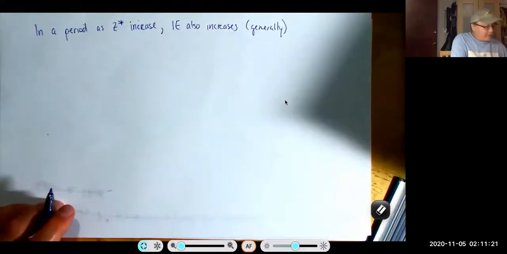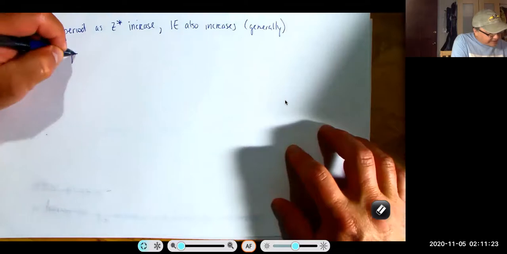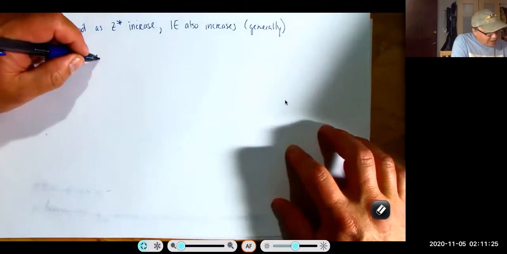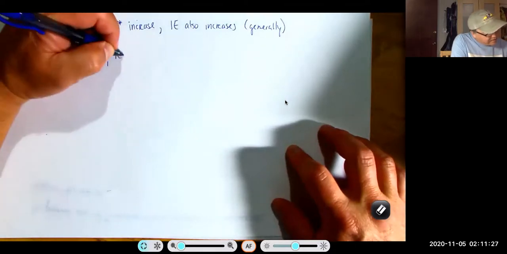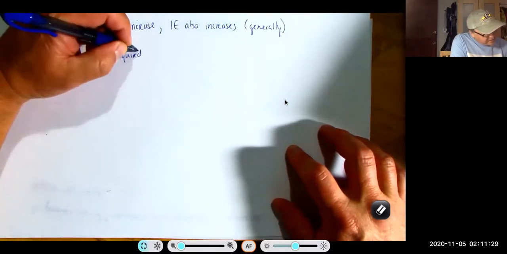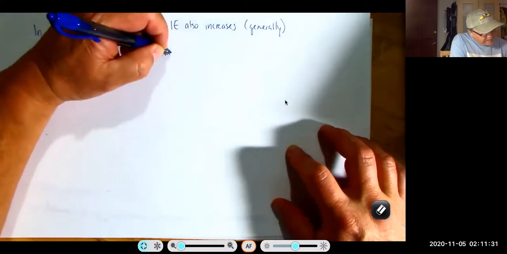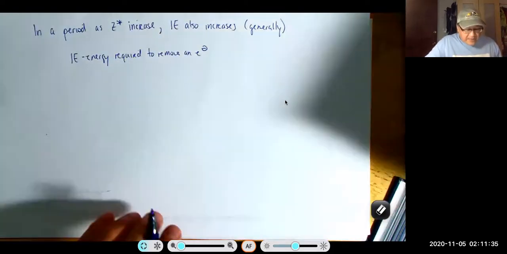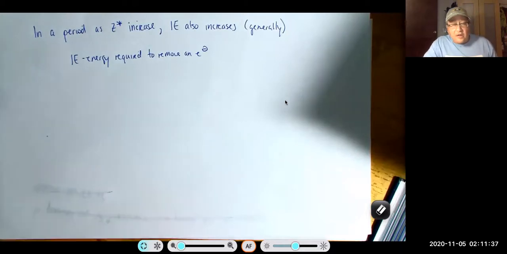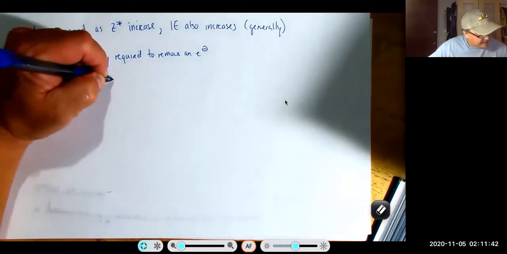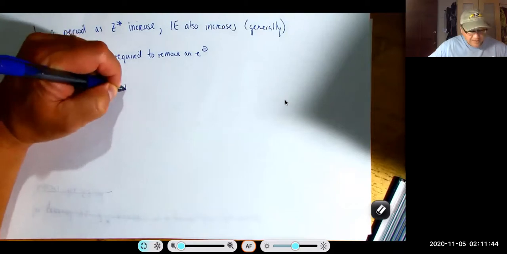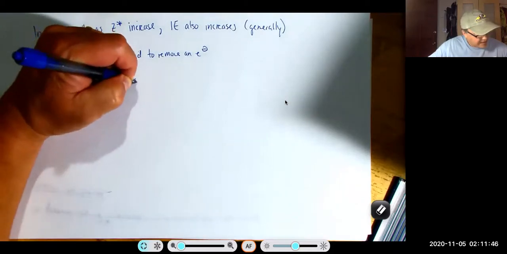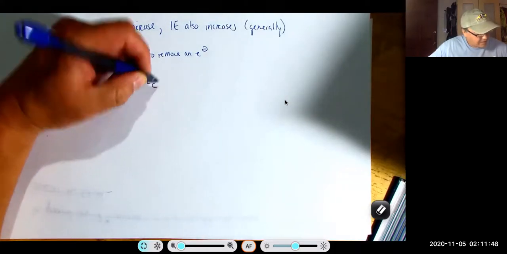So remember, when we talk about ionization energy, it's the energy required to remove an electron. So if we take a look at, say, boron and carbon, this is definitely the case. So the ionization energy of boron is smaller than the ionization energy of carbon.